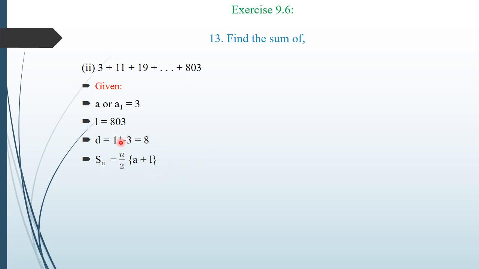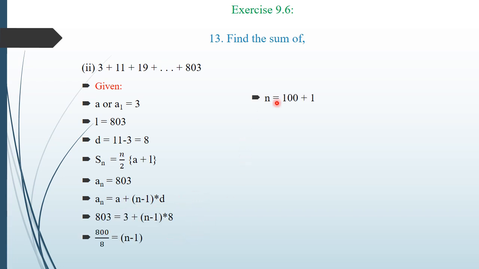in order to calculate n, because we are not given n here in this question. First we need to calculate n by considering this last term as our an. Therefore an equal to 803. Applying the formula, an equal to a plus n minus 1 into d here. Substituting all the known values and solving it for n, I'll get n value as 101. Now applying same formula and substituting all the available values.